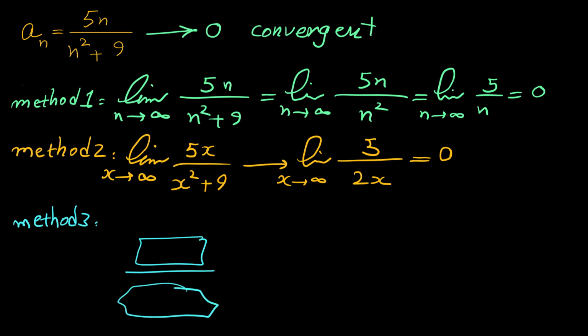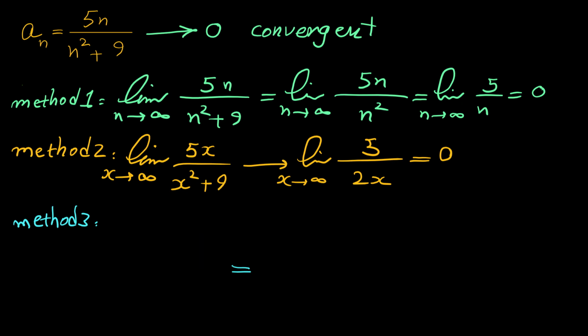For finding these type of limits, if you remember from functions, we divide every term of numerator and every term of denominator by the highest degree of denominator. This was the method for limit of functions at infinity, if you remember.